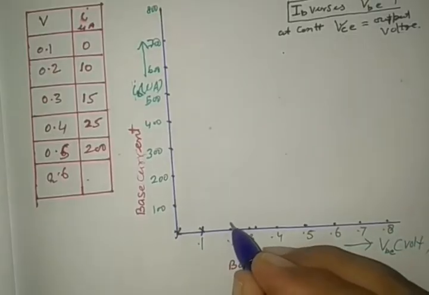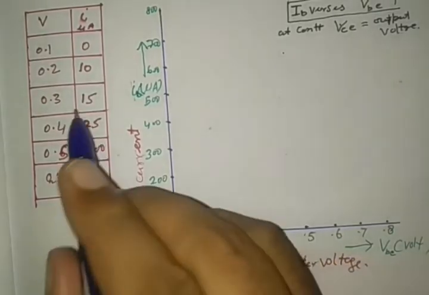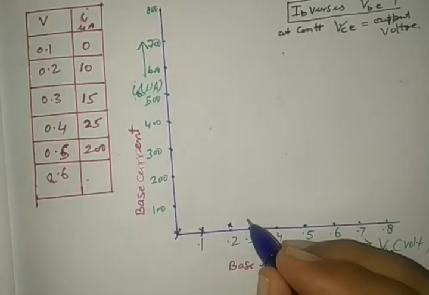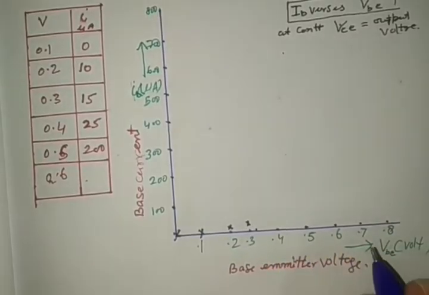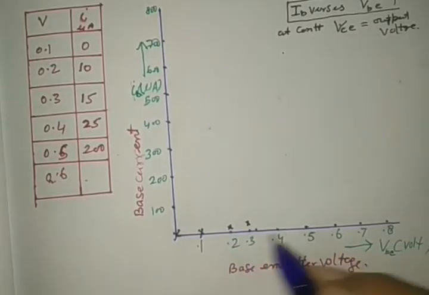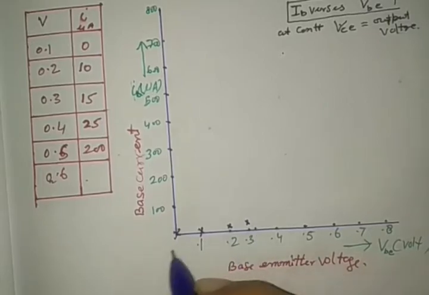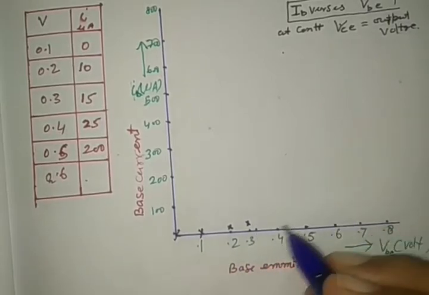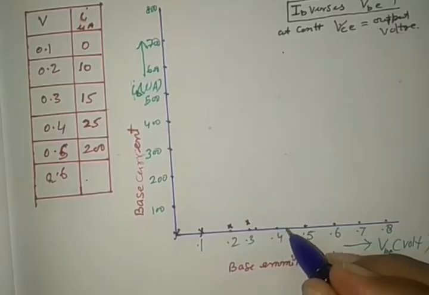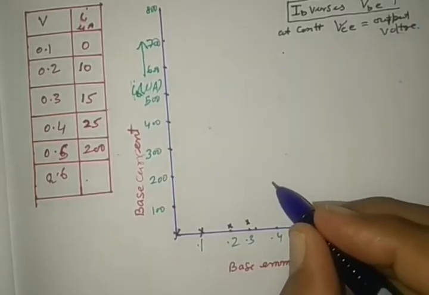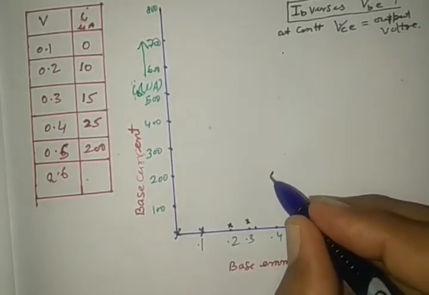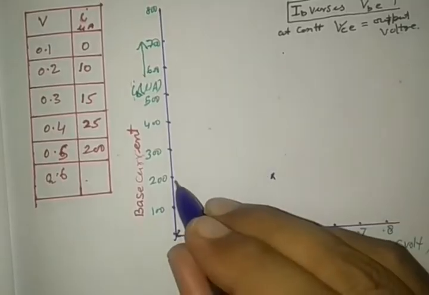At 0.3, it is slightly increased, 0.15. We can say up to 0.3, it is almost 0. And at 0.4, it increases up to 200 microampere.